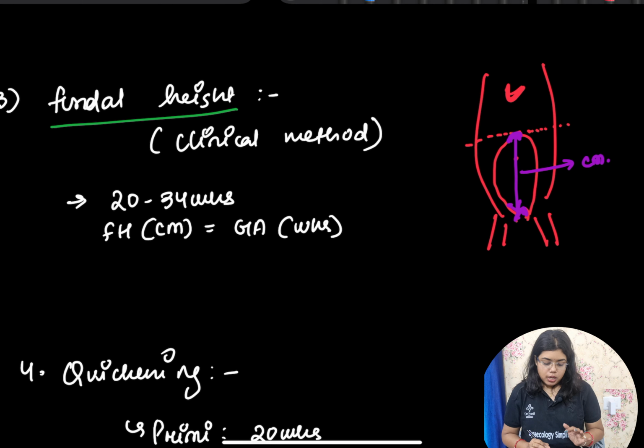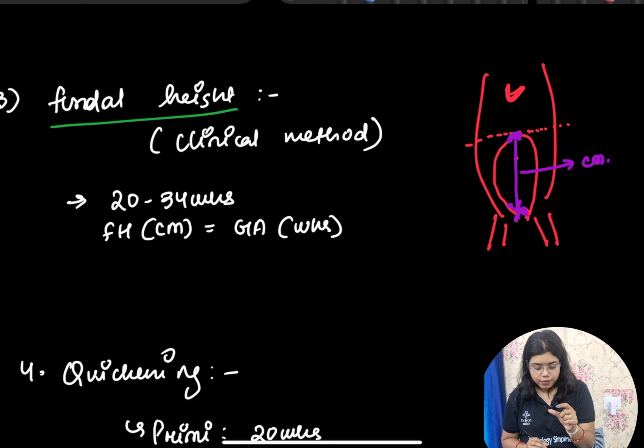One limitation of this method is that it is a clinical method. We can calculate the fundal height in centimeters from the upper border of the pubic symphysis up to the fundus, and these centimeters will correspond to the gestational age in weeks.